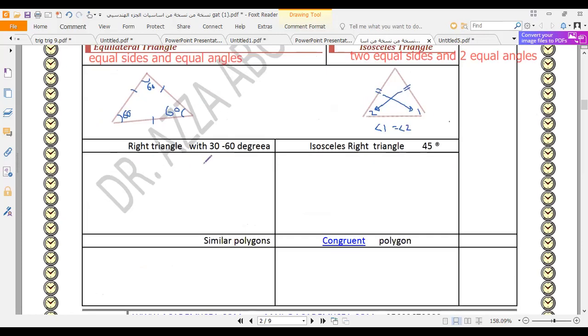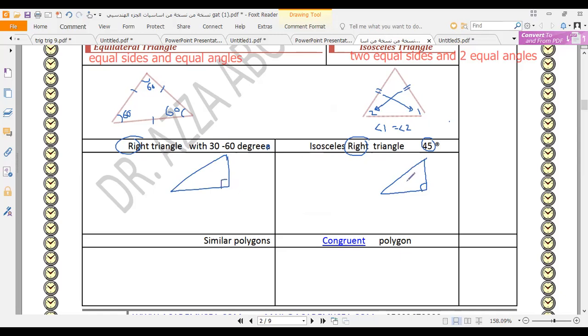We have special cases of right triangle with 30-60 degrees and isosceles right triangle with 45 degrees. What is the meaning of this? They are both right triangles, but one of them is isosceles.